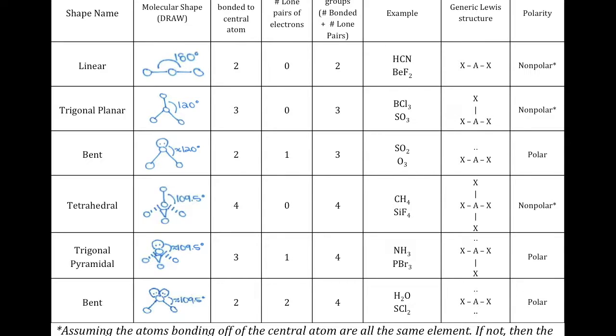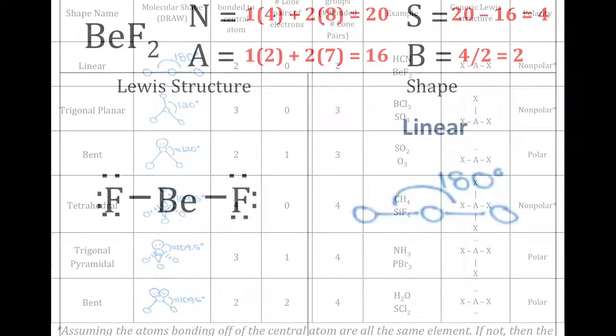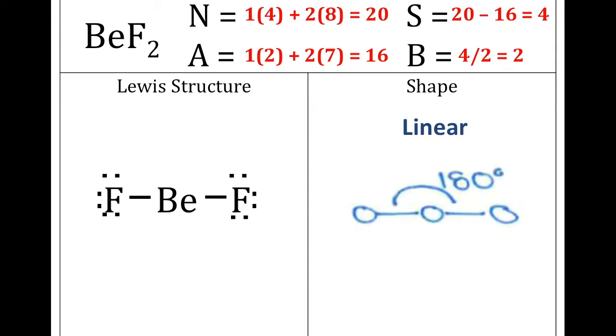So let's look back at the examples we did earlier in our VSEPR theory activity and determine if those are going to be polar or nonpolar. So beryllium fluoride, notice we have a linear, which we have to determine whether it's polar or not. But since it is symmetrical, you can see the fluorines are on both sides. They look identical.